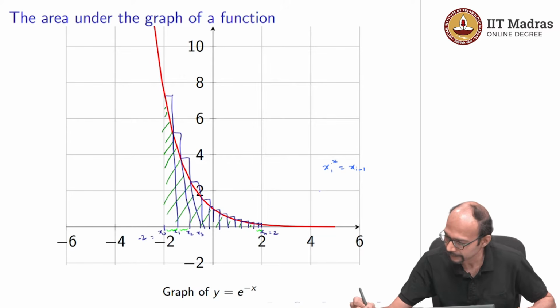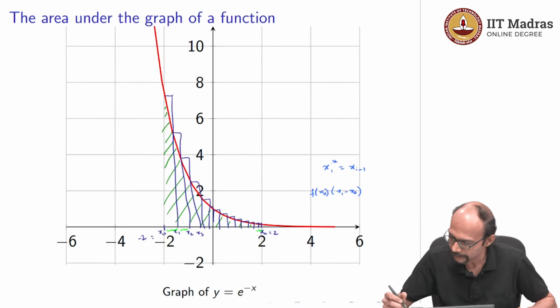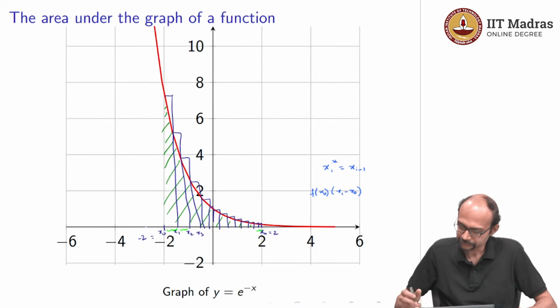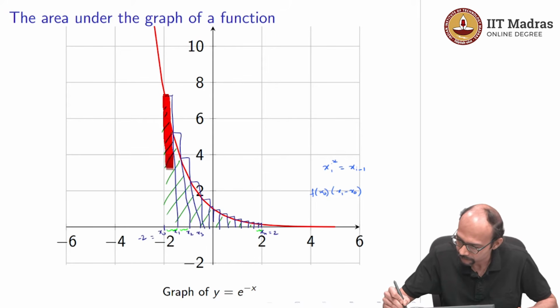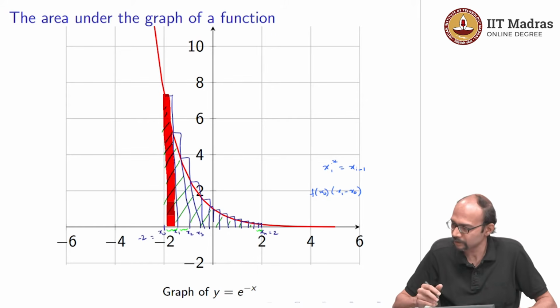Then what do I get? I get f of x0 times x1 minus x0. What is that? That is exactly the area of the first rectangle over here. That's what f of x0 times x1 minus x0 is.